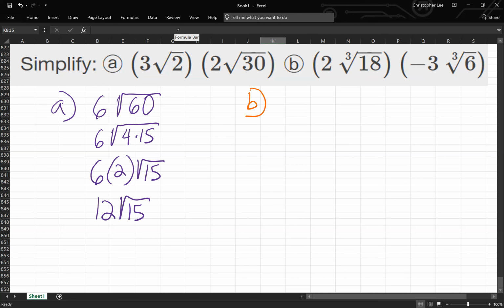All right, numbers with numbers, radicands with radicands, right? So what do we have? -6 cube root of 108, okay? And then what's the perfect cube that goes into 108? So cube root of 36 times 3, and the cube root of 36 is what?